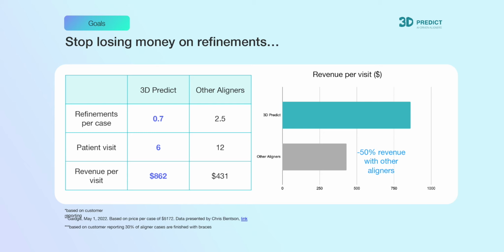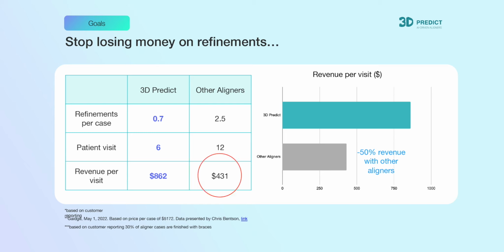He came up with these numbers, actually from a survey from Gage in 2022, so very recent, where they said all aligners in general have 12 visits, and that's with an orthodontist. So we can think that maybe for us it may be more. And in general they have 2.5 refinements per case.